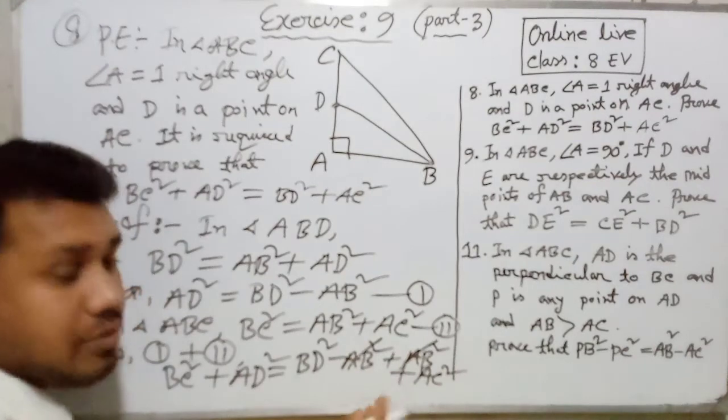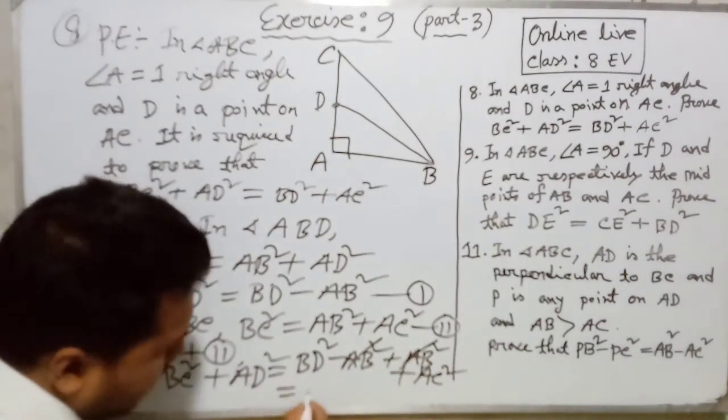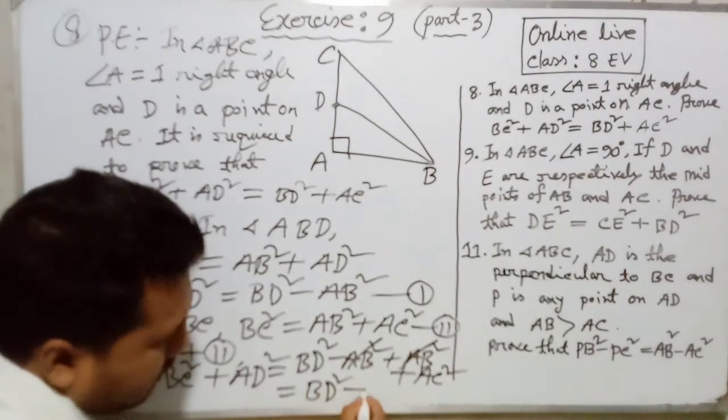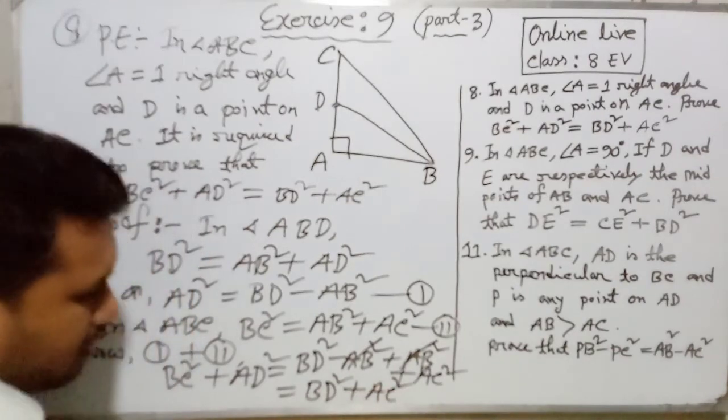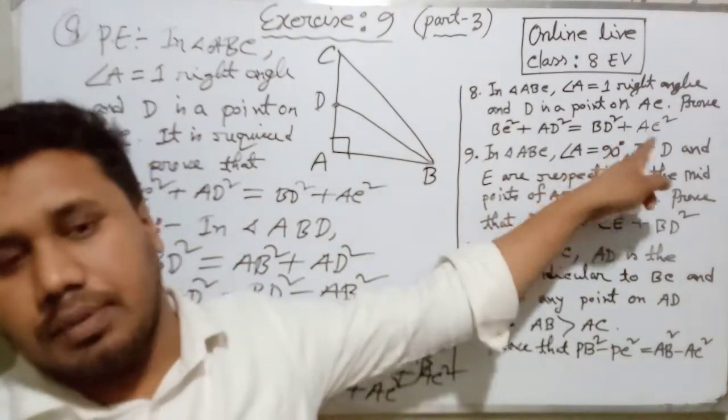Now AB square and AB square, if you cancel them, we can say it will be BD square plus AC square. So this is our proof part, BD square plus AC square.